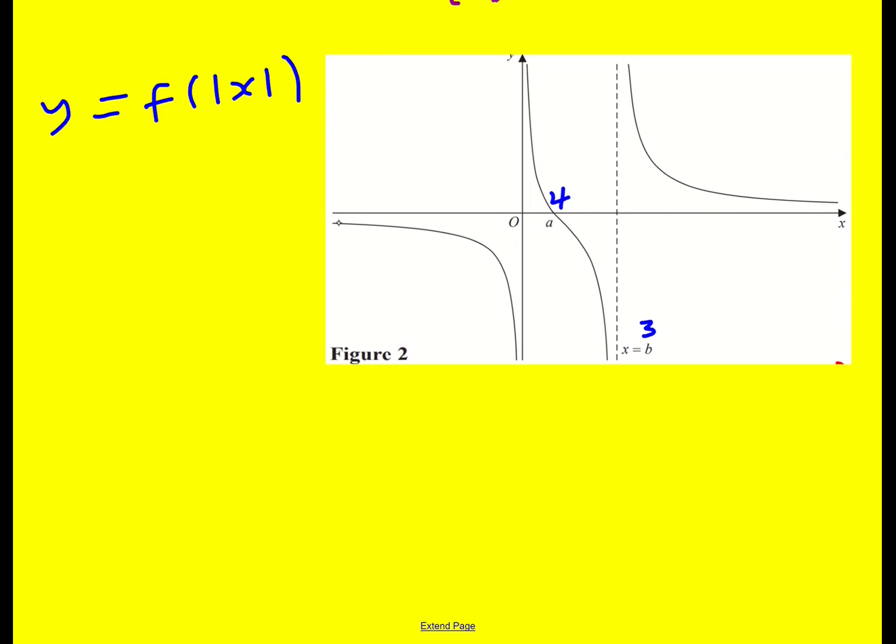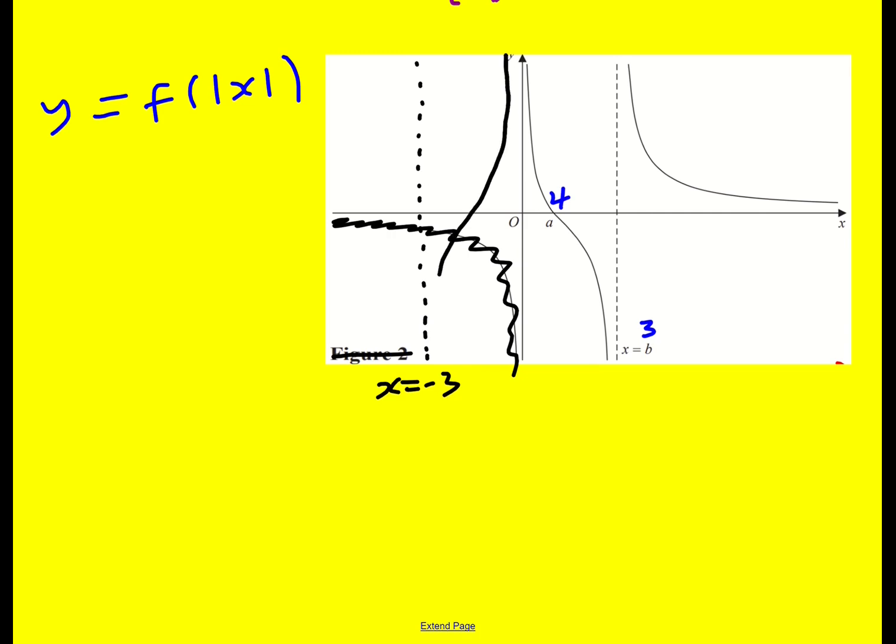Basically the function will look exactly like this on the right-hand side, and then it will just be a mirror on the left-hand side. x equals minus 3. This will be minus 4. And I'll get that curve there.